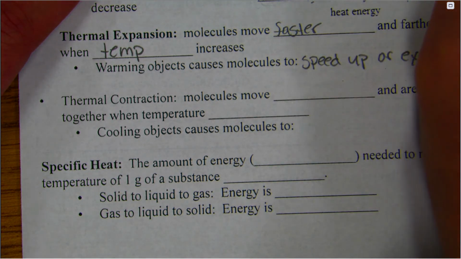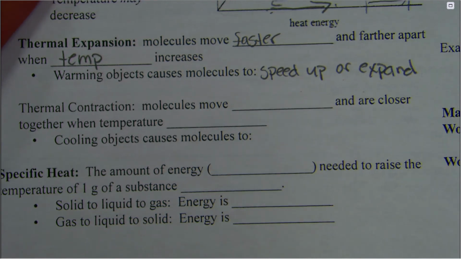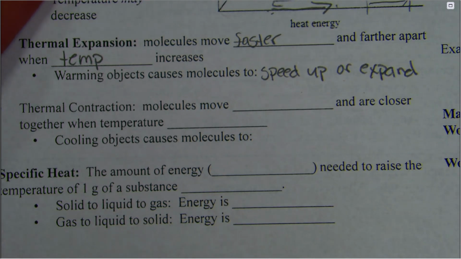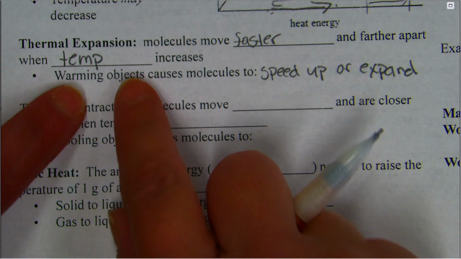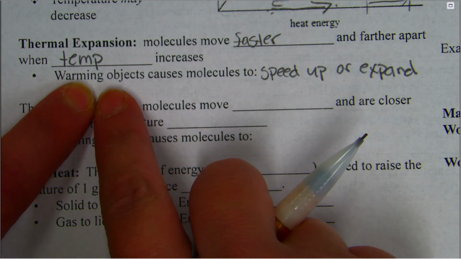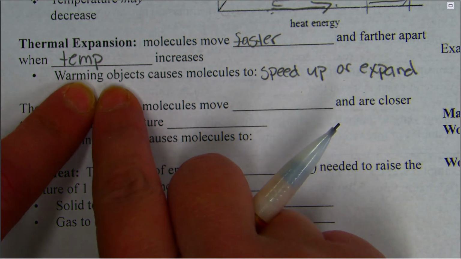And if you've ever gotten into your car on a cool day and it has a sensor that tells you tire pressure, and it says tire pressure is low. And as you're driving to the gas station to get some air in your tires, the sensor goes off. Why is that? As those tires are moving, it's causing the air inside to warm up.